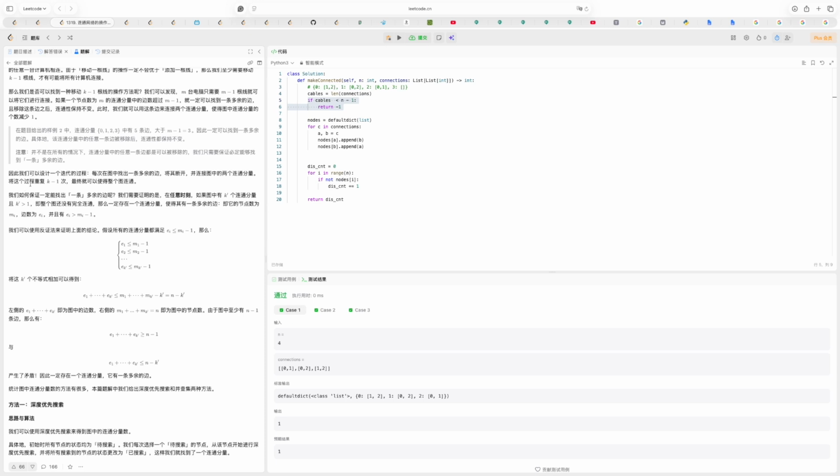So it says we can use recursion or iteration, every time finding an extra cable and connecting two groups.